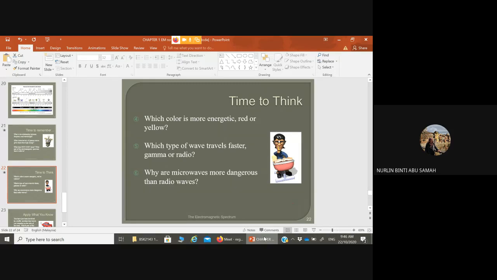When we talk about this, we always try to understand the amount of energy produced. So, microwaves are more dangerous than radio waves, is it true, and why? It's true because the energy of microwaves is higher compared to radio waves.